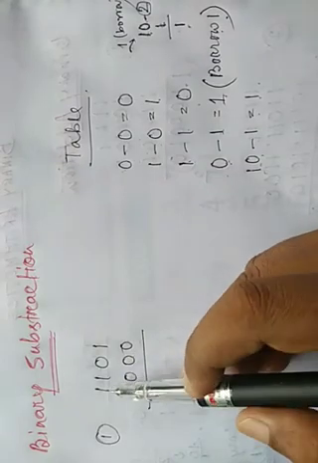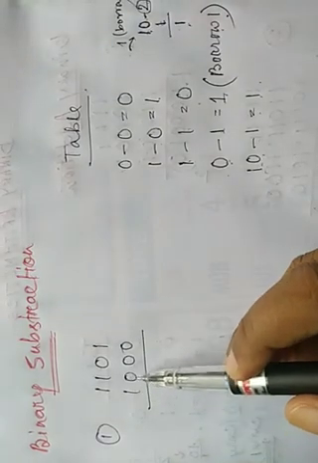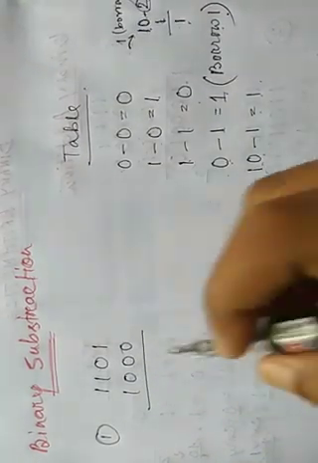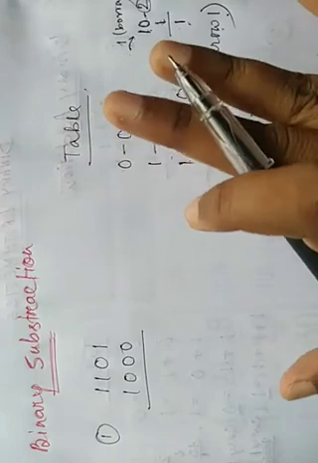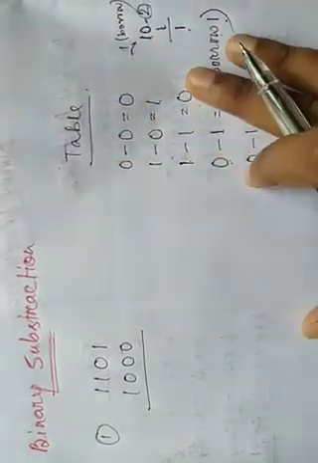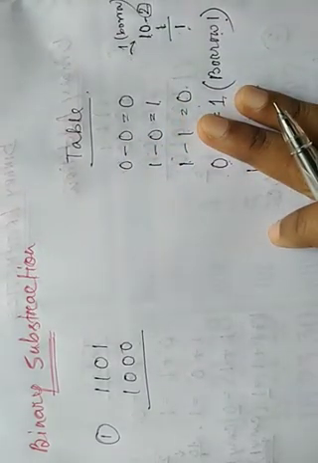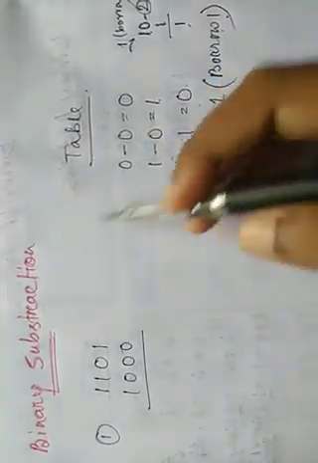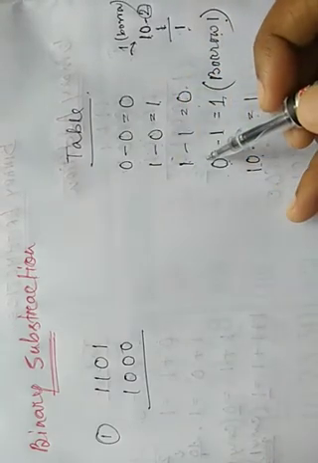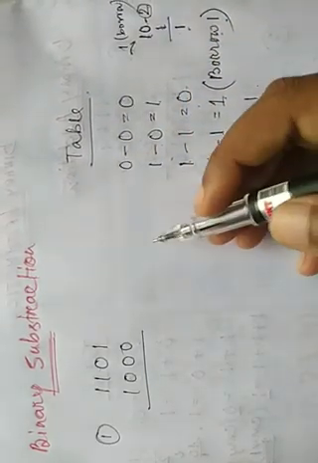Here we have to subtract 1101 minus 1000. Mind it, in this type of subtraction we can always subtract a smaller number from a larger number. But if we want to subtract a larger number from a smaller number, this method is not possible. Always we can subtract using this process a smaller number from a larger number.